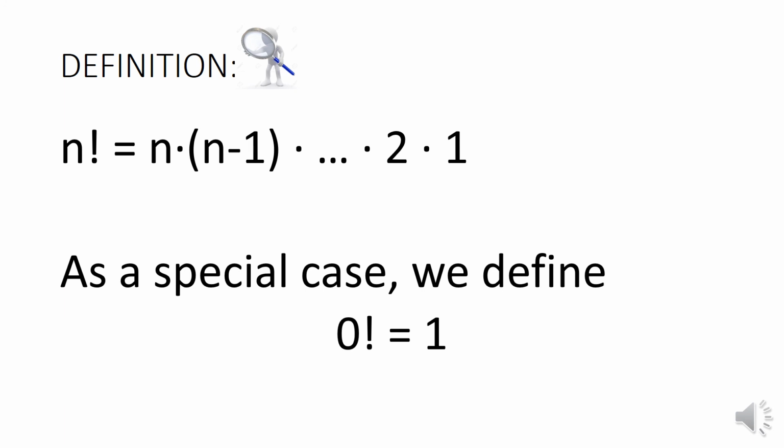As a special case, we define 0 factorial as equal to 1 because there is only one way to arrange nothing. So 0 factorial equals 1, and 1 factorial is also equal to 1.